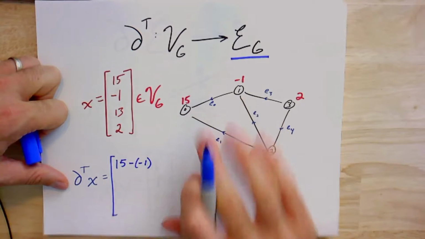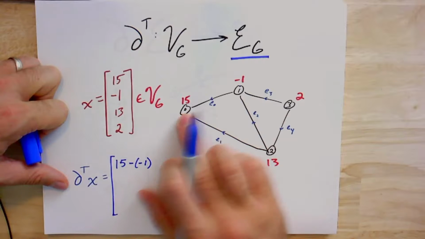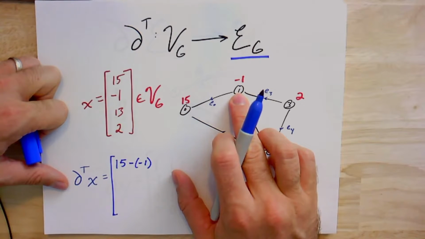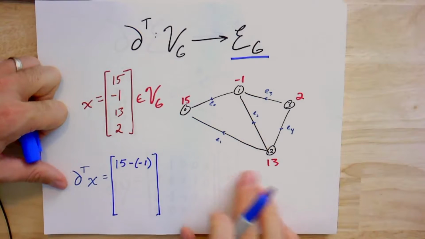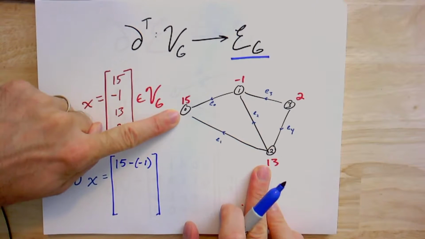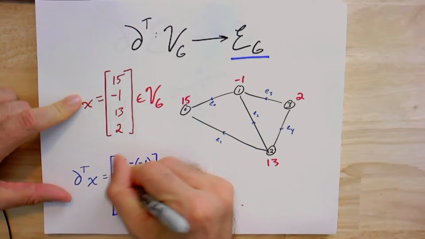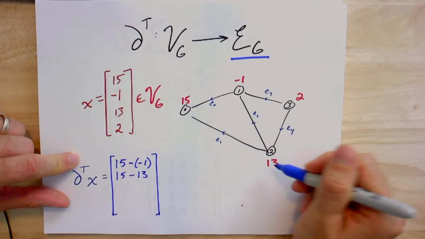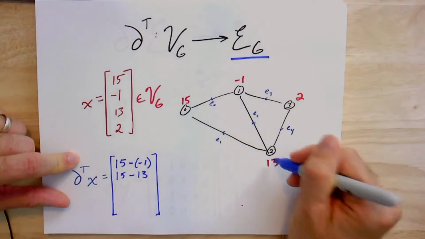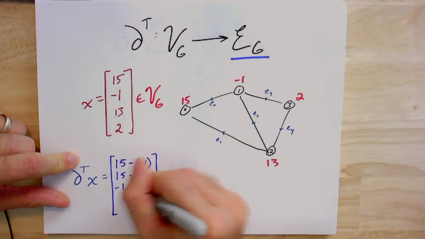Okay, because again, this is like having the 1 and then the -1 times this. The next one will be 15 minus 13. The next one will be -1 minus 13.